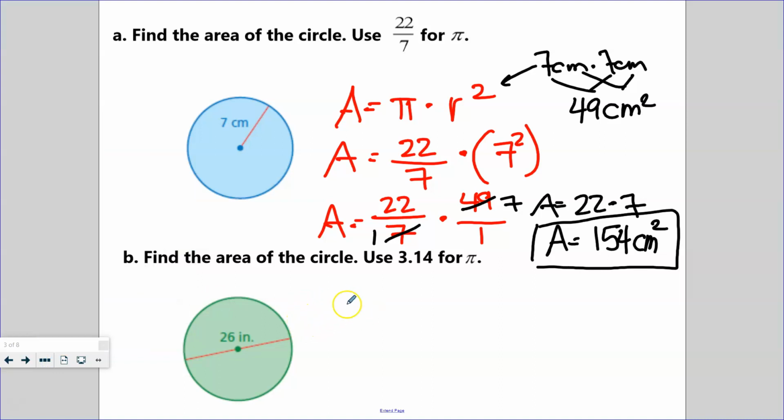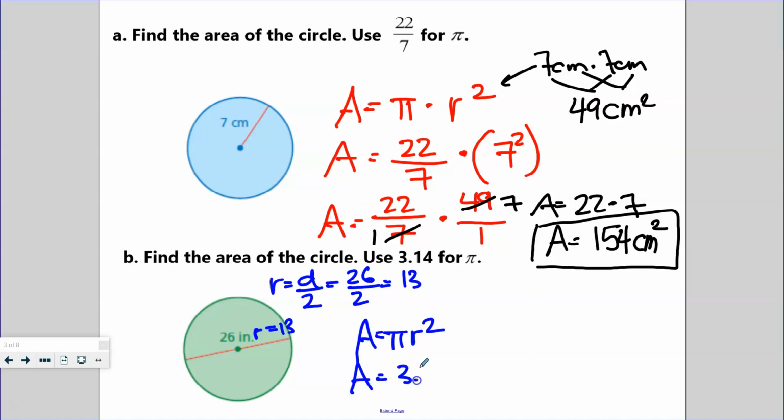All right, so this next one, it has the diameter, and so we'll have to do something. So what is r, right? And so we know that r equals d divided by 2. And so we have 26 divided by 2, which equals 13. So r equals 13. All right, so we have area equals pi r squared.